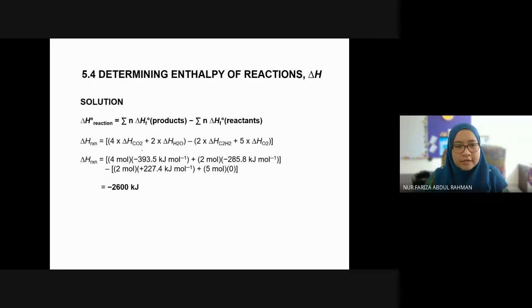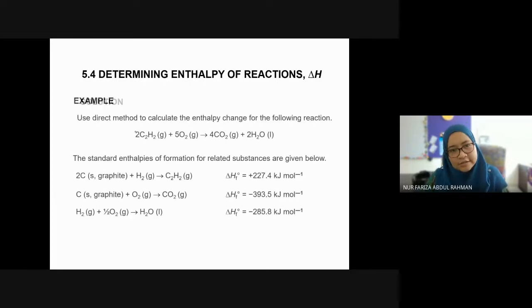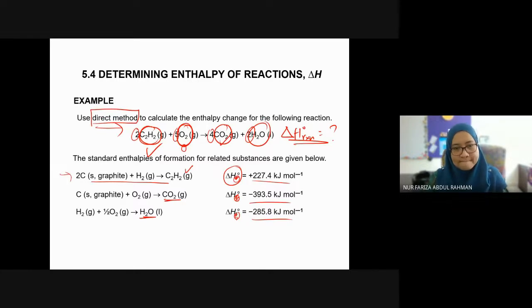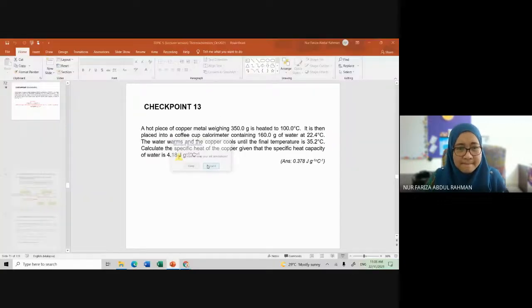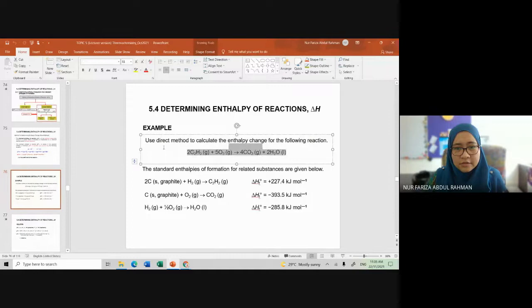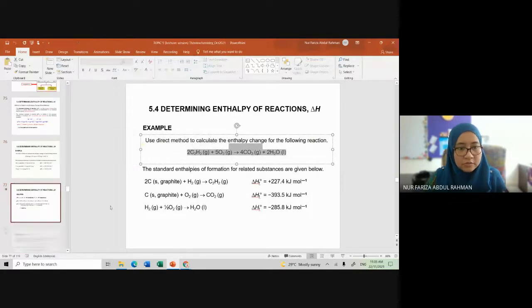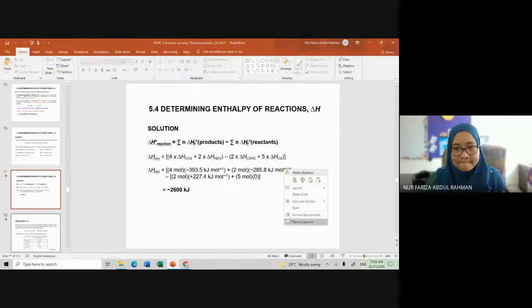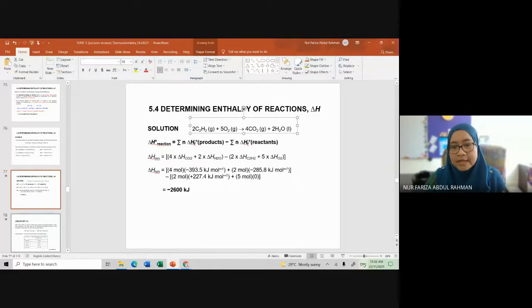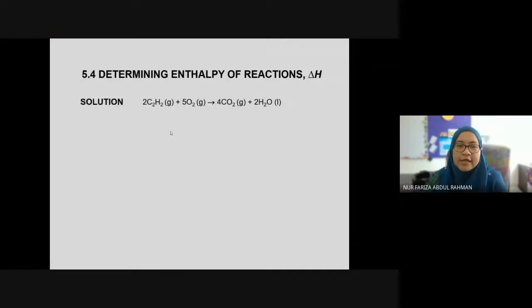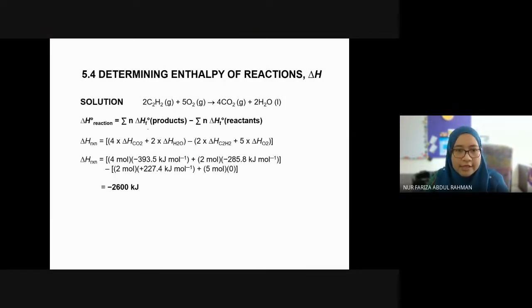I need to transfer this one to here so it's easy to refer to, put it in front of your eyes. Okay, alright. So this is the product first, minus the reactant.